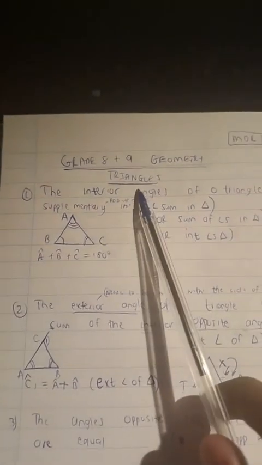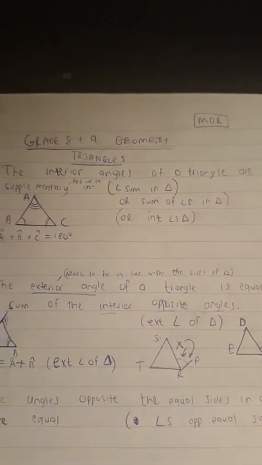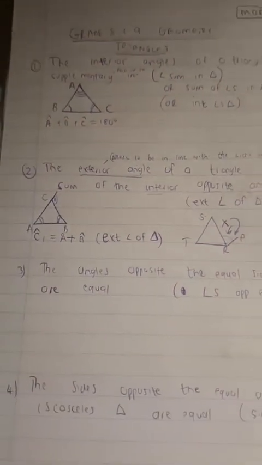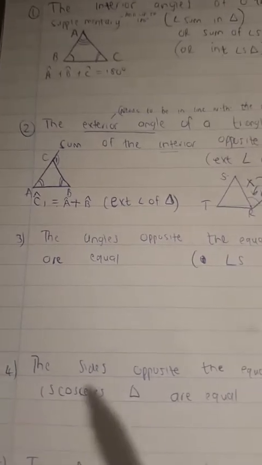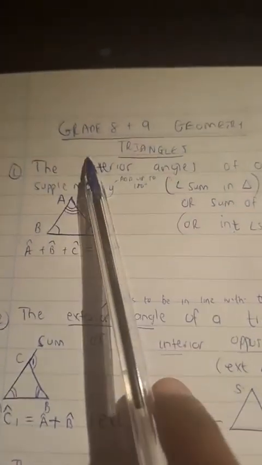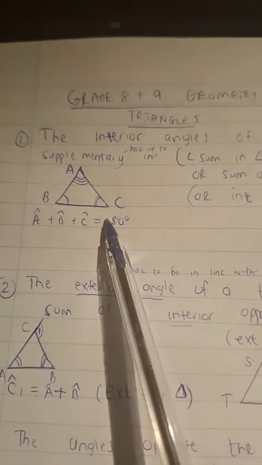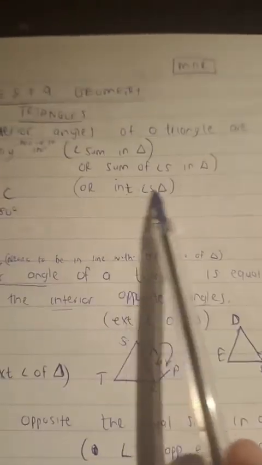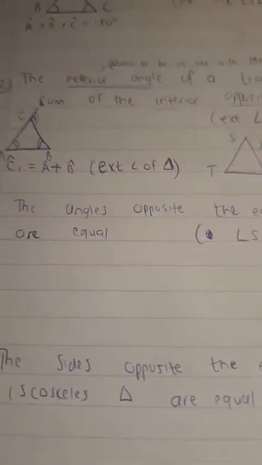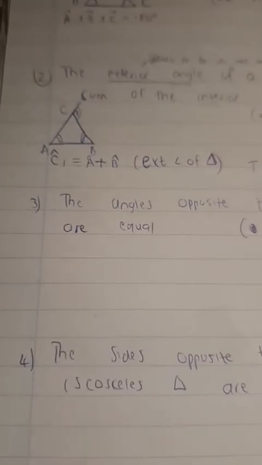Here I'm still looking at the various theorems, statements, and axioms that we use in grade 8 and 9. You just need to be patient, because we are going to go into problems. For now, I need you to understand what the theorem statements mean, how they apply to a diagram, and the reason that we write for each statement. So let's move on to the third statement for triangles.